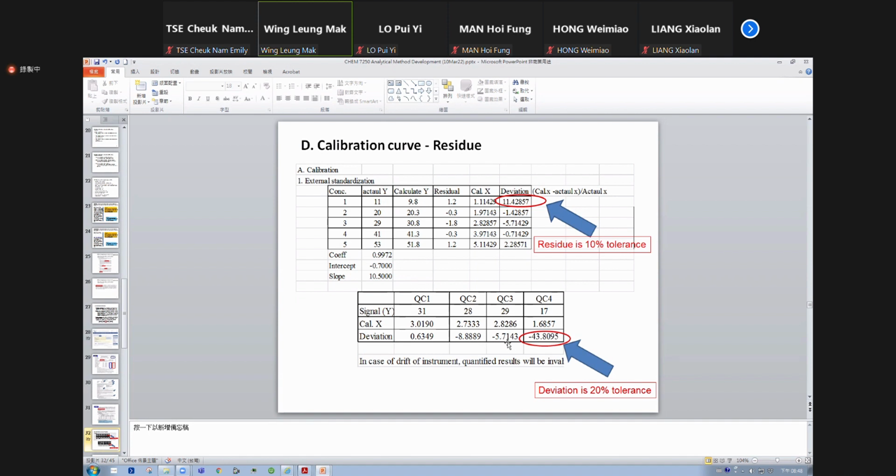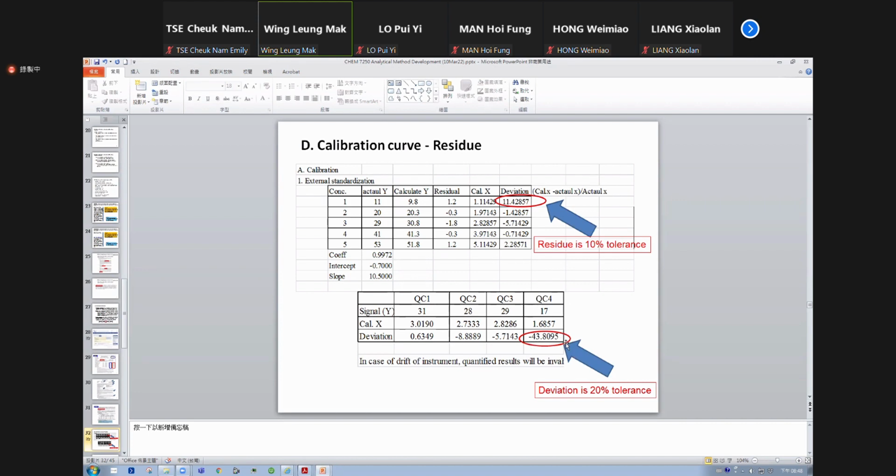This one 5.7 something. In this one more than 20%. You preset your criteria 10%, 20%. Out of your control is the QC4. If so, this QC4 will be failed.